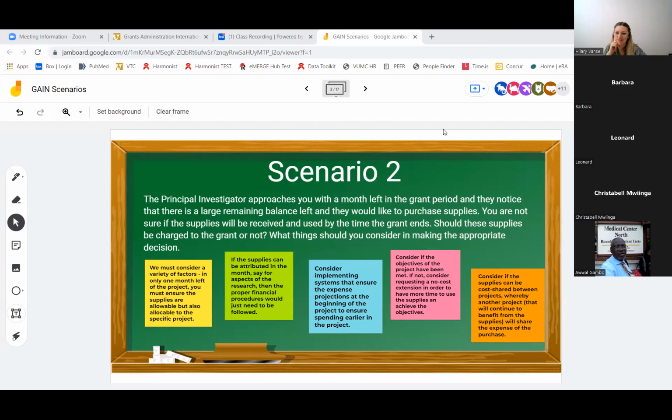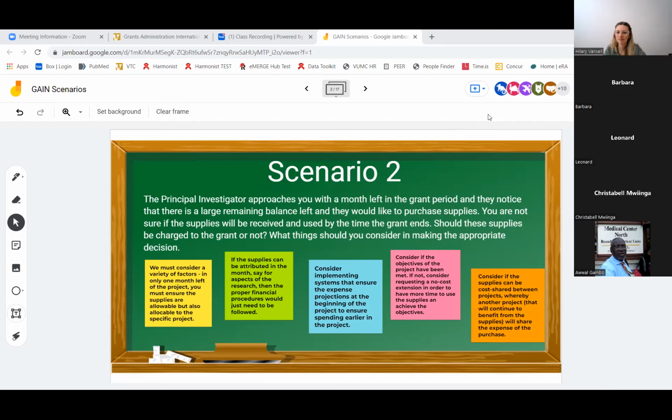If the project is still to be continued, we always apply for the no cost extension because the aim is to achieve the activities of the project. So it will be along those lines that the PI should be kept informed by the finance person on a monthly basis, so that they'll know what is happening on the project in terms of the spending, and also align it with the activities of the project to say, is the remaining going to be used on the activities?